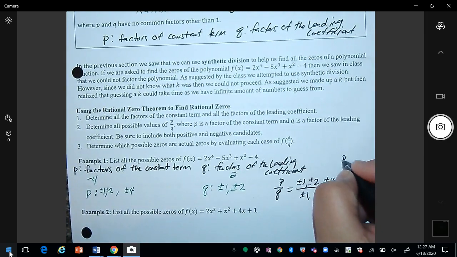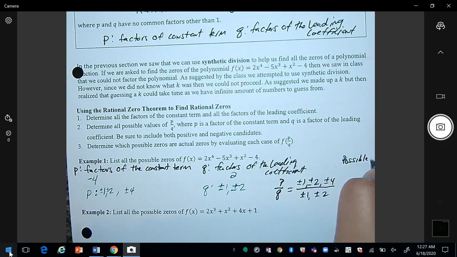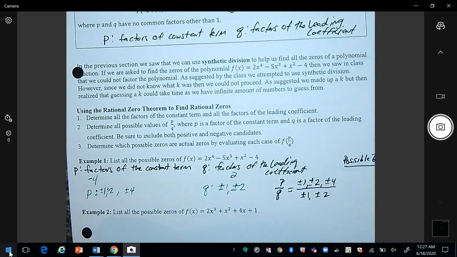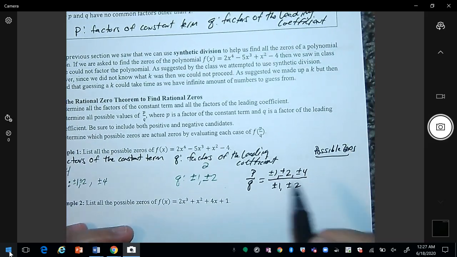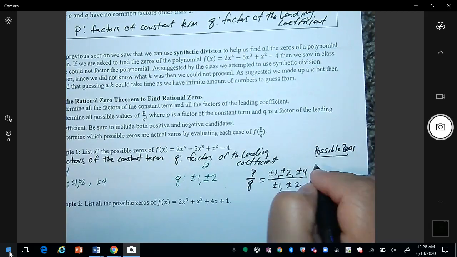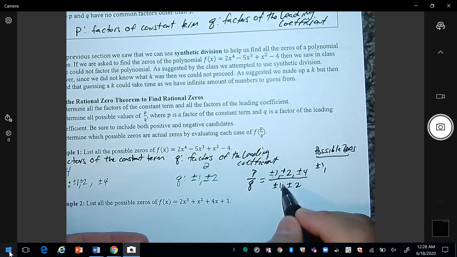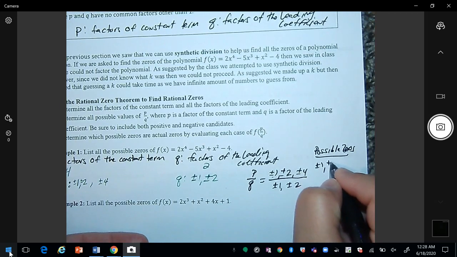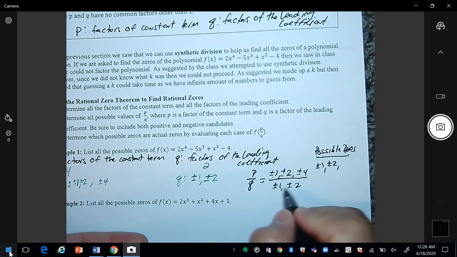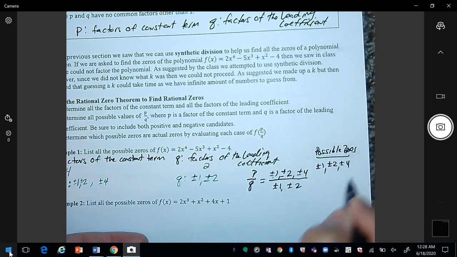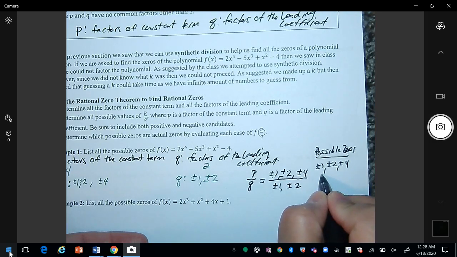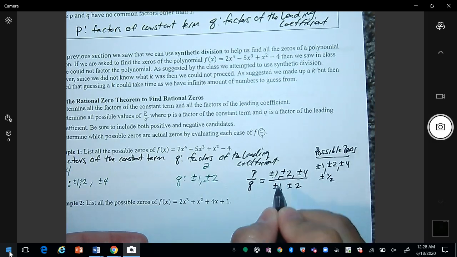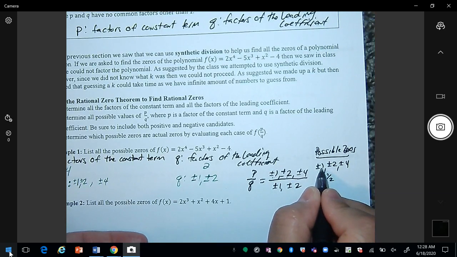So our possible zeros are the quotients here. 1 divided by 1 is 1. 2 divided by 1 is 2. 4 divided by 1 is 4. 1 divided by 2 is a half. 2 divided by 2 is 1, which we already have.